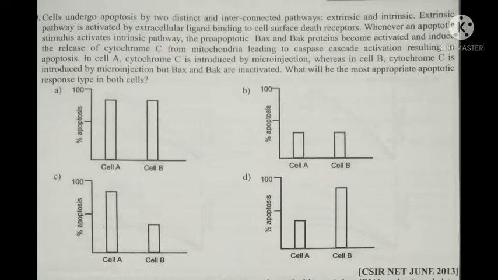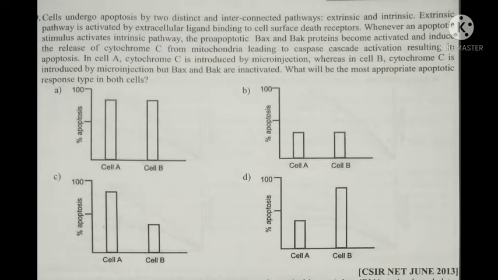Whenever an apoptotic stimulus activates the intrinsic pathway, the pro-apoptotic Bax and Bak proteins become activated and induce the release of cytochrome C from the mitochondria, leading to caspase activation resulting in apoptosis.